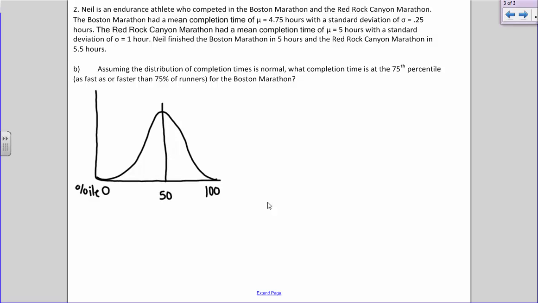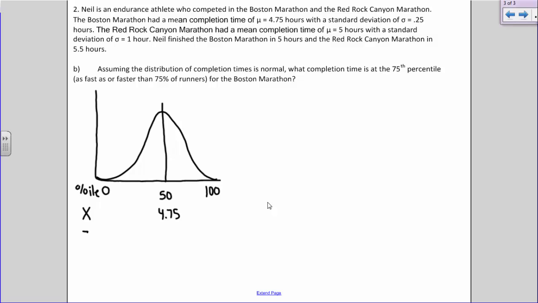The 50th percentile is always the median, but because in a normal distribution the mean, median, and mode are equivalent, the 50th percentile represents the mean. And the population mean that we're working with for the Boston Marathon is 4.75. So that goes right in the middle here.